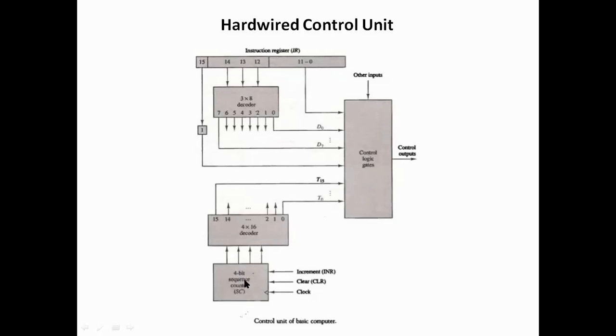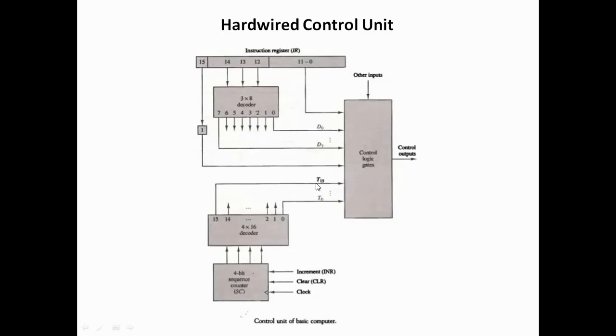In the same way, with each increment, this will go on from T0 to T15, because with each increment, at one stage this will become 1 1 1 1, which implies 15. So T15 will be on here, and after that, when an increment is done here, 1 1 1 1 plus 1 will become 0 0 0 0 in terms of 4 bits.